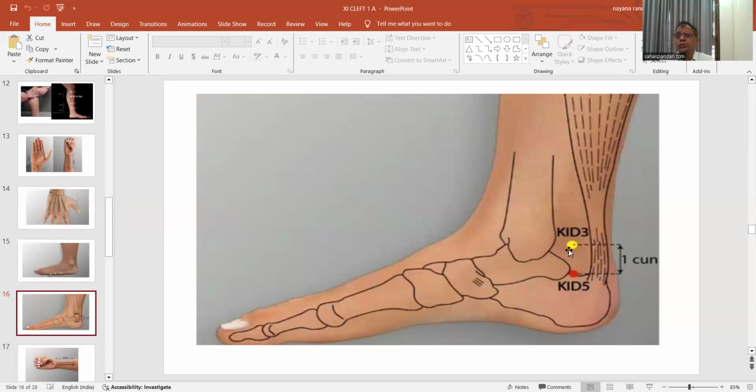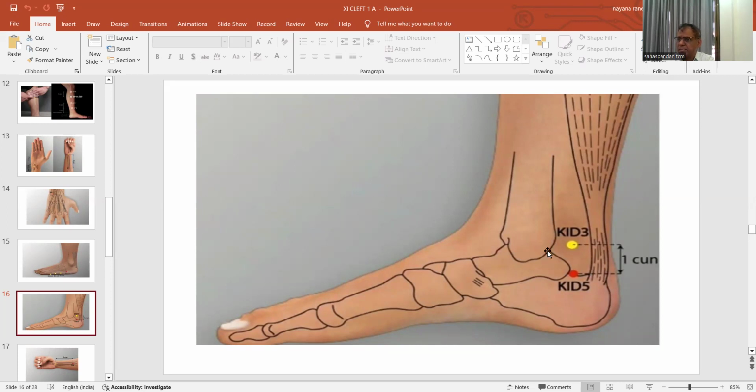It is one chun below from kidney 3. Kidney 3 is located in between the tip of the medial malleolus, the ankle bone, and the Achilles tendon.